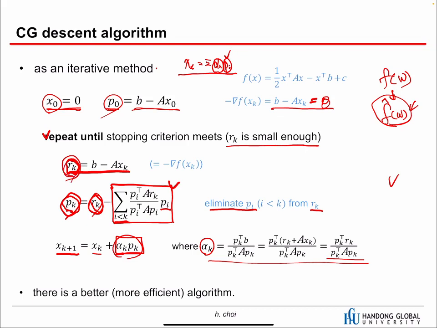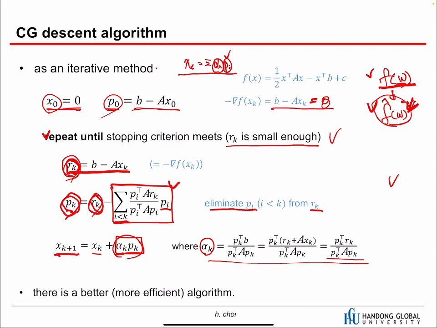We are not exactly minimizing the quadratic function, but that's okay, because the quadratic function is an approximation of f of w. So we don't have to minimize exactly, since this one is an approximation too. As long as the minimization is good enough, with r sub k small enough, that's good.